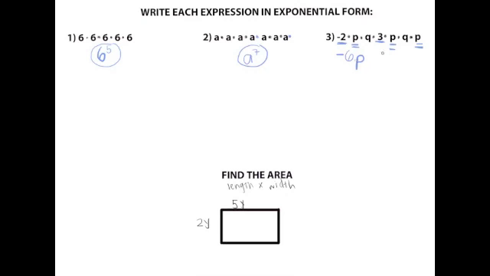So how many P's am I multiplying together? I have 1, 2, 3, so this becomes P to the 3rd. And let me take care of the Q's now. I have 1 Q, and I have 2 Q's. So I take the Q as a base number, and then I have 1, 2 of them being multiplied together. So that's how that one looks.